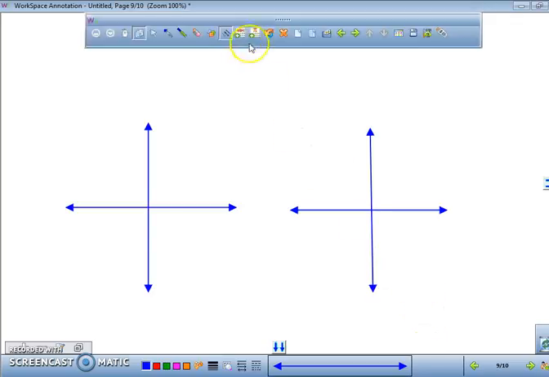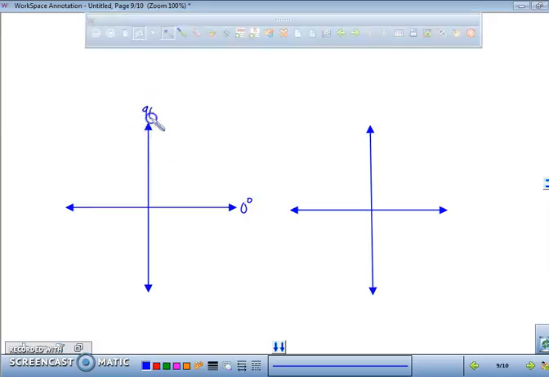All right. So right now, I want you guys to have an x-axis and a y-axis. You're having two of them. And the first one, I want you to start with 0 degrees, go to 90 degrees, go to 180 degrees, 270, and you go all the way back around. That puts you at 360.